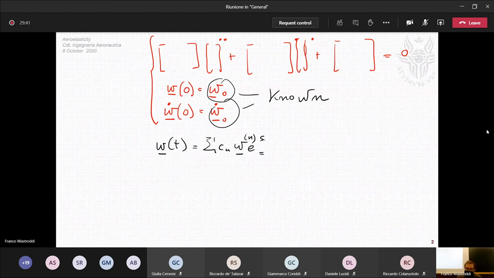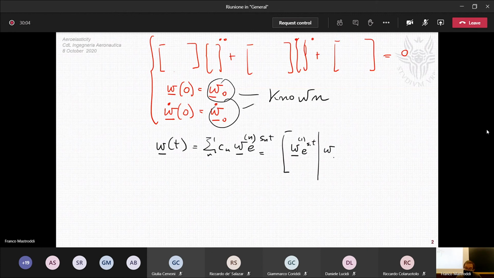You have the first eigenvector in column by e to the S1 t, first column.